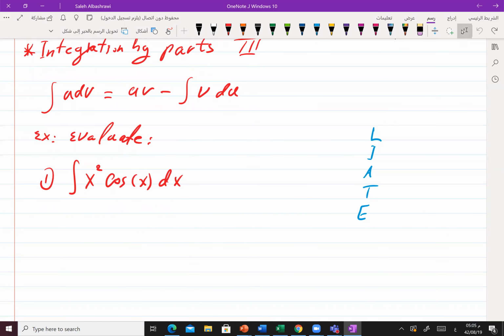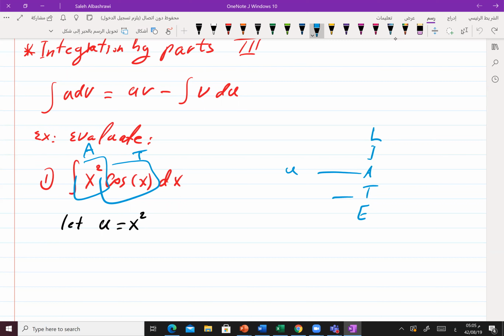So in this case, I will let u be x squared, because I have algebraic and trigonometric, and A comes first, then T. So u equals x squared, and dv will be cosine x dx.